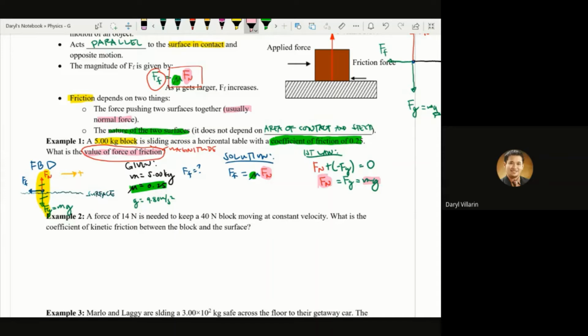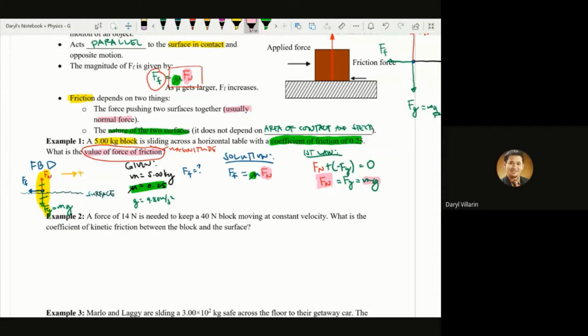But we have done this in the previous question, that this is only true if the object is lying horizontally on the surface and there's no other applied force. That means that you are not pushing it downward or somehow applying force upward. If this is somehow angled off, remember that Fn is no longer equivalent to the weight.